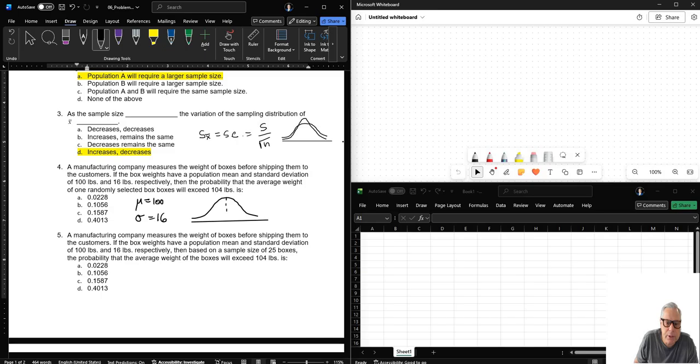We know that the mean of the sampling distribution is equal to the population mean, and the standard error, now we write sigma, is equal to the population standard deviation 16 over the square root of n.